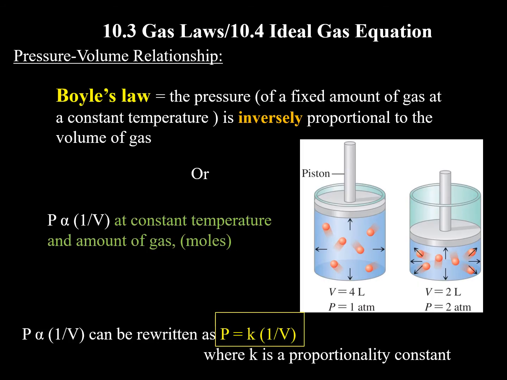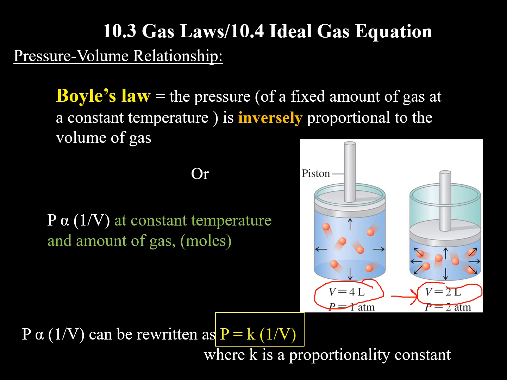So we're going to look at 4 laws relating to what we call gas laws. The first one is Boyle's Law, which states that the pressure is inversely proportional to the volume, provided that the amount of gas stays the same and the temperature stays the same. Meaning that if we look at this photo here, the volume is 4 liters. We have decreased the volume by 2 liters.